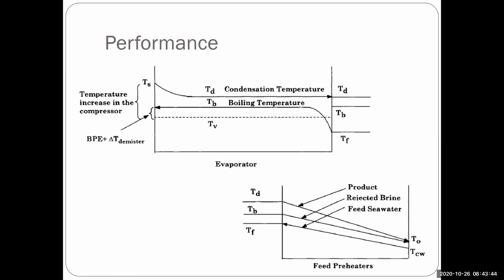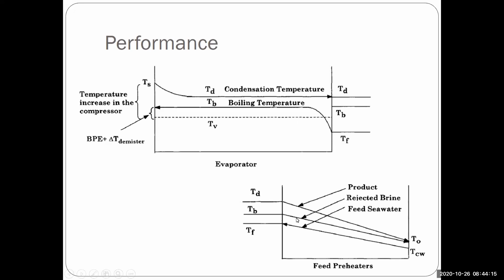But when it comes to the area calculations, again, we are going to assume that the area needed for sensible heating in the low temperature side or on the high temperature side is too small, and we are going to simply assume that as if it is occurring at a constant temperature difference. This is an approximation to make it easy for us to calculate the surface areas. So this is as far as the temperature distribution in the evaporator is concerned.